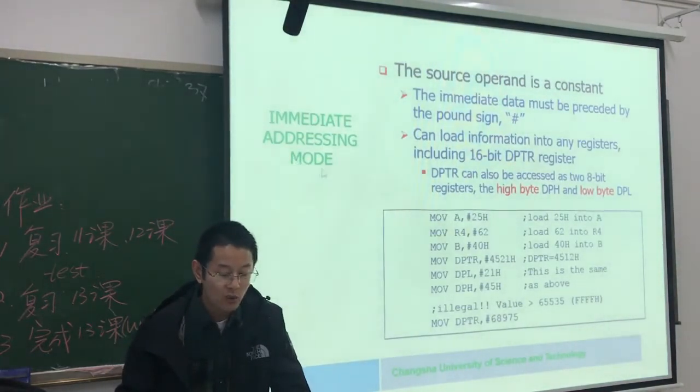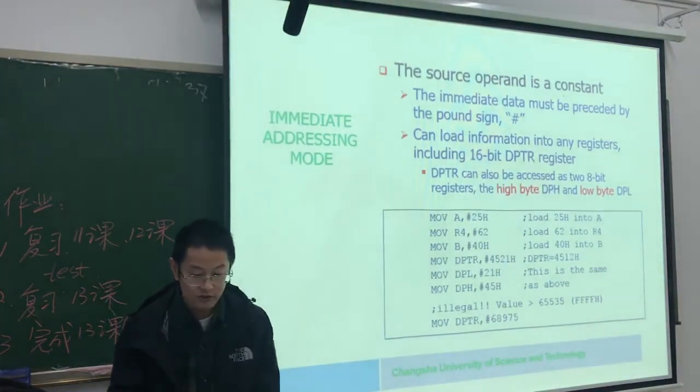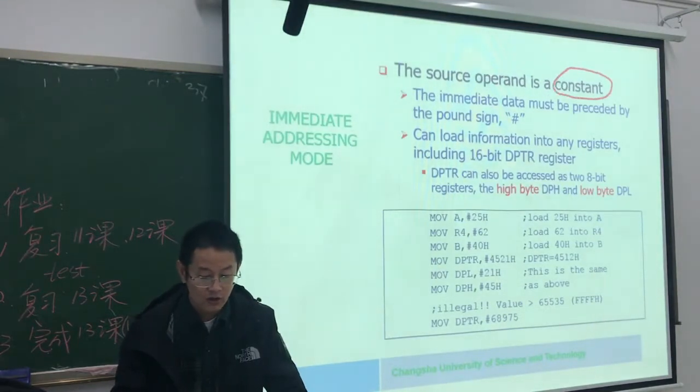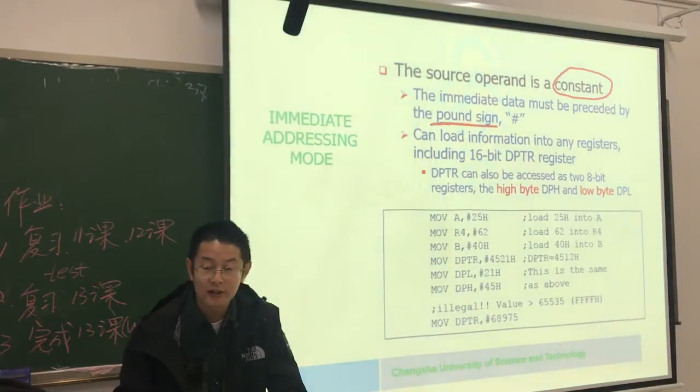Immediate addressing model: the source operand is a constant. The immediate data must be preceded by the pound sign. If you see the pound sign, you know it's the immediate model.